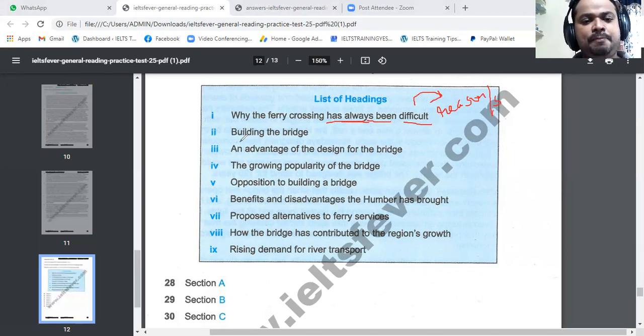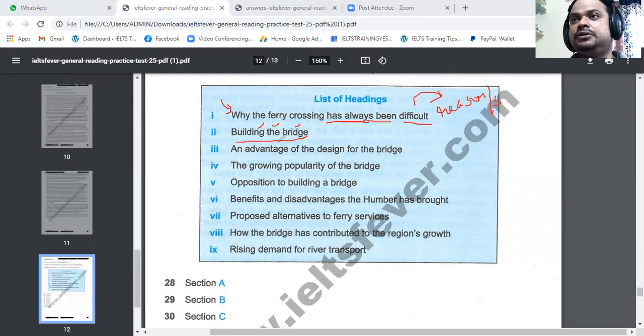Now, building the bridge, building the bridge. Okay, so it is something. I have only three words here. The previous heading was easy for me because I could understand the meaning very easily.